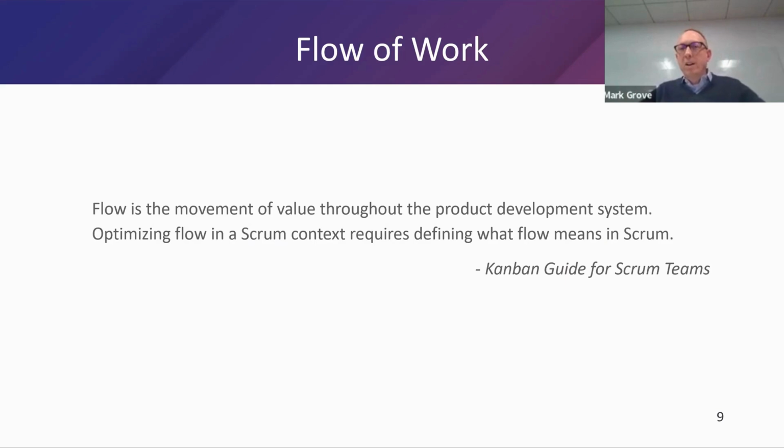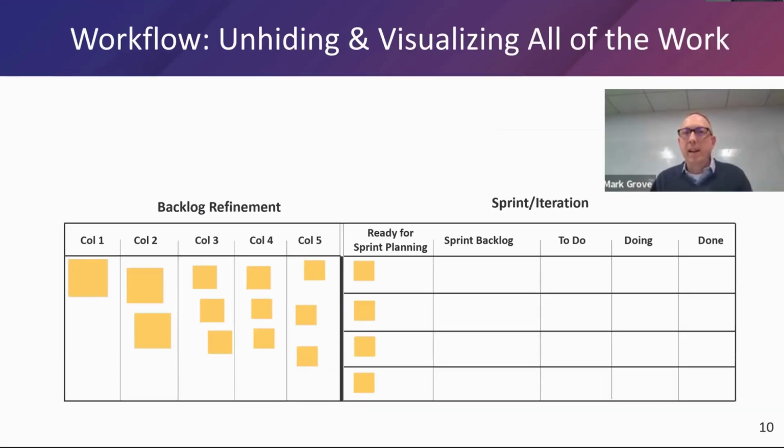It's so important that the Kanban guide for Scrum teams says, hey, Scrum team, you need to recognize that flow is the movement of value through your product development system. A Scrum team needs to recognize that they have that too. They need to define what flow means for them as well. Okay, so this is another important concept to understand what we're going to be talking about today.